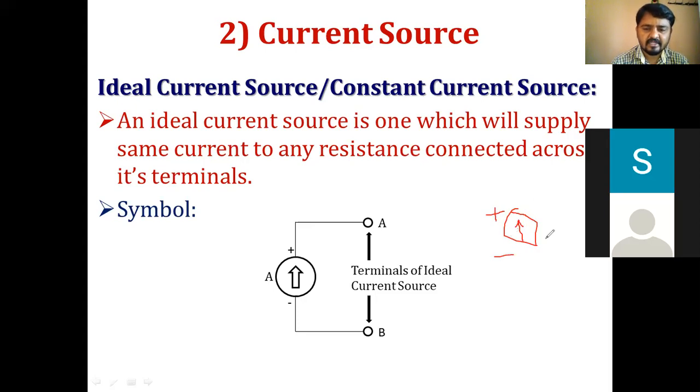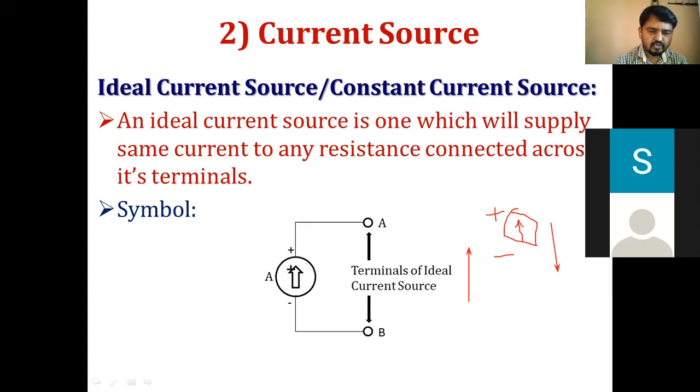In the circle, one line with an arrow is shown. If it is an upward arrow, it is on the upper side; the downward arrow means current is flowing downward. The arrow side we consider as positive. Both are the same, just for understanding, a bigger arrow is used. Is it clear?